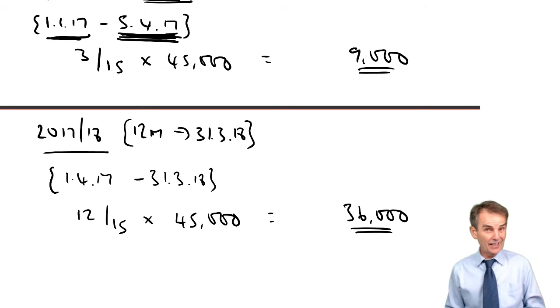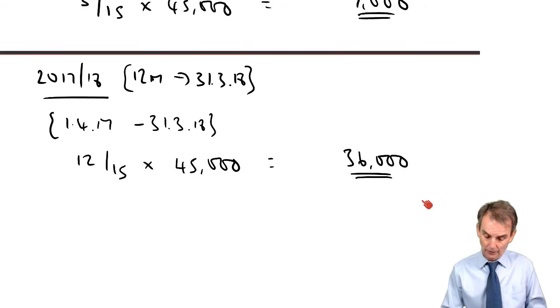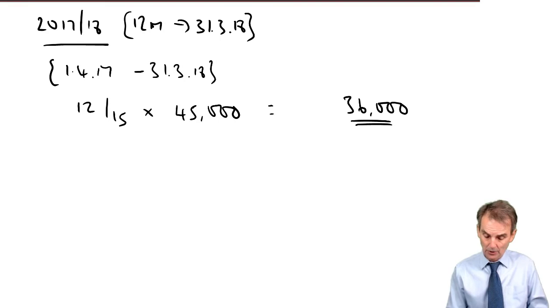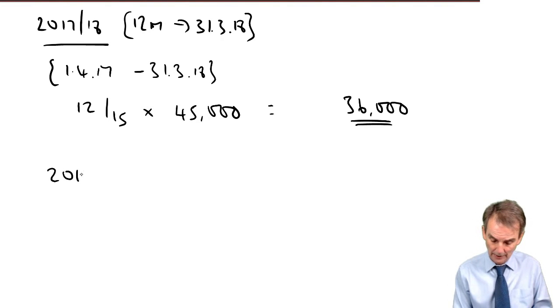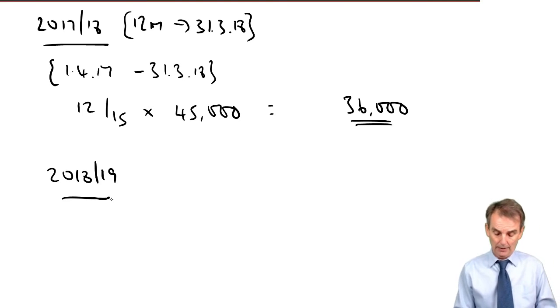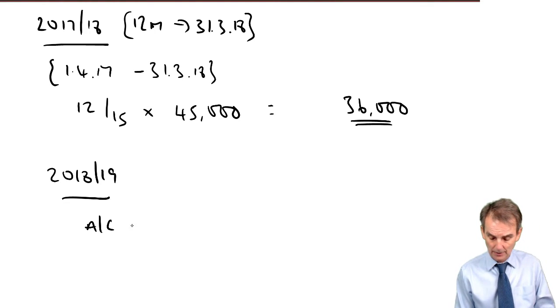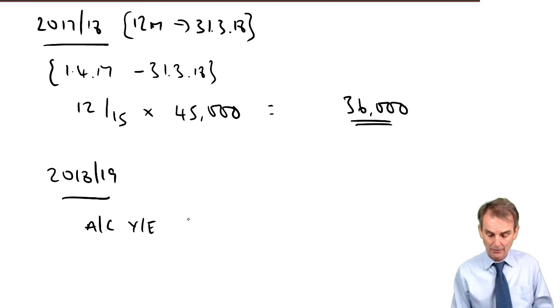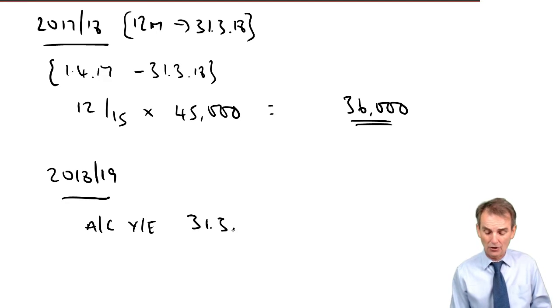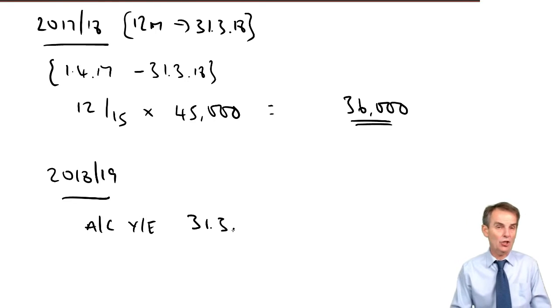Having dealt with the second and always the hardest of the years, the second tax year, what we can now do is to move on to our third tax year, which will now be 2018-19, where we're hopeful of using CYB. To use CYB, we would need an accounting year-end date of 31st of March ended in that tax year.